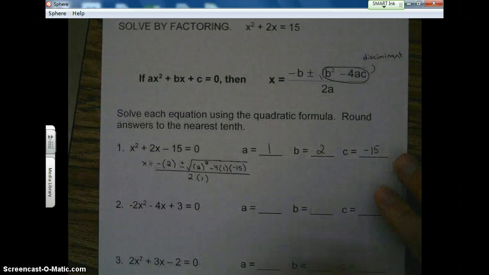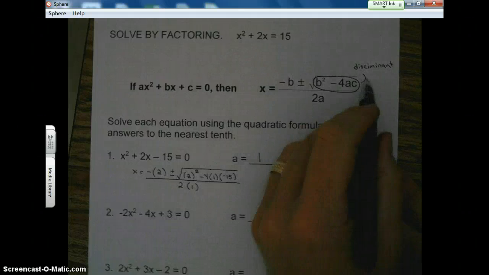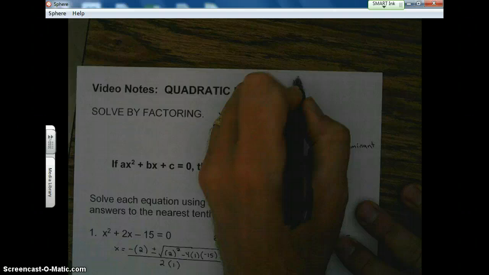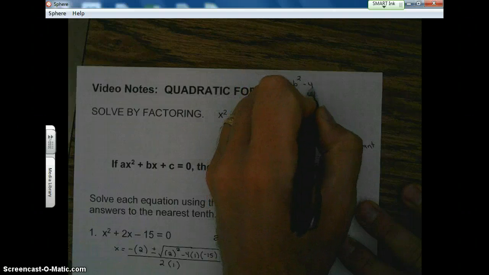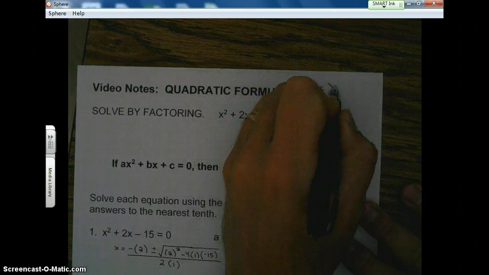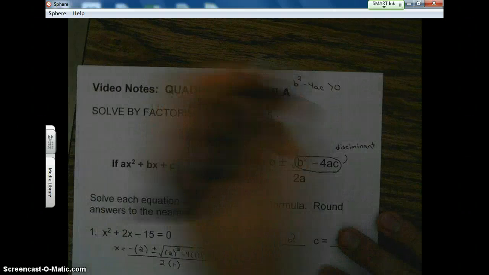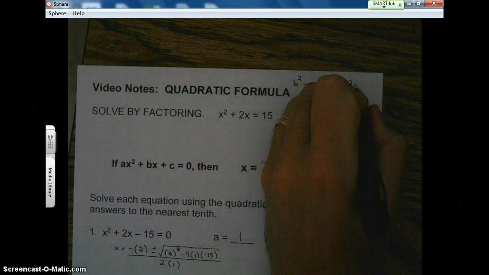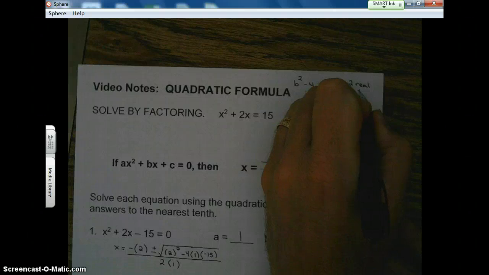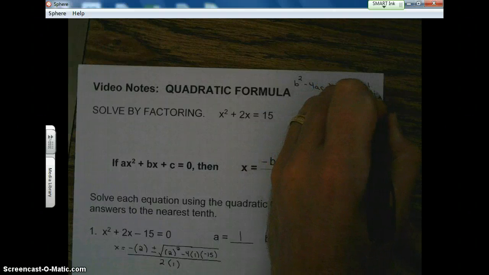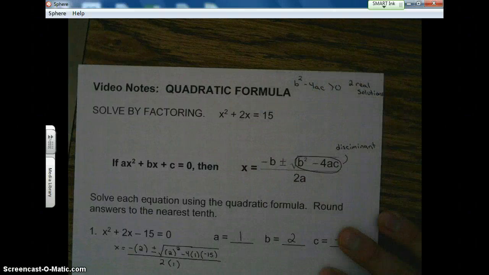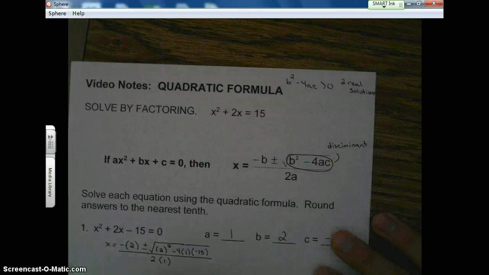Take some little extra notes up here. If the discriminant is greater than 0, we have 2 real solutions. We like to call them x-intercepts.